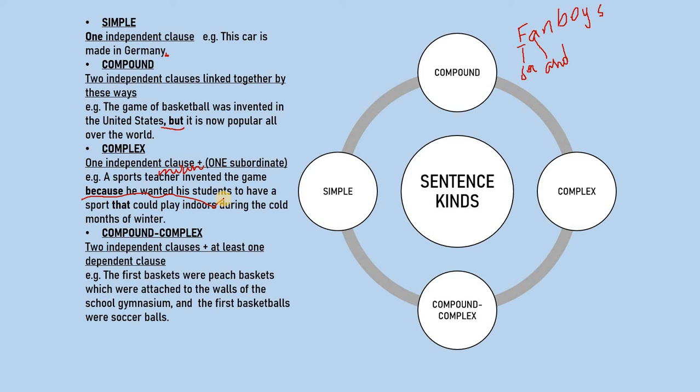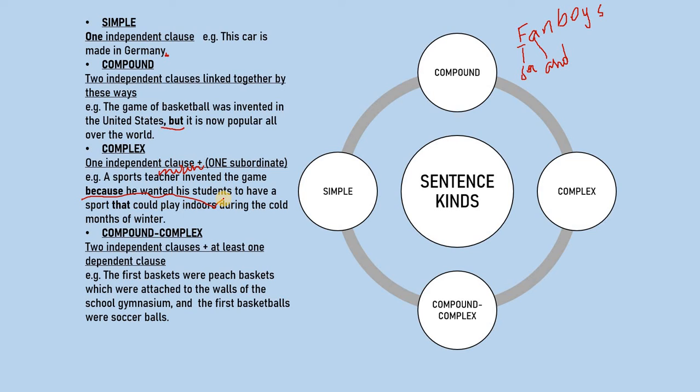For example, the first basketball baskets were peach baskets, which were attached to the walls of the school gymnasium, and the first basketballs were normally soccer balls.